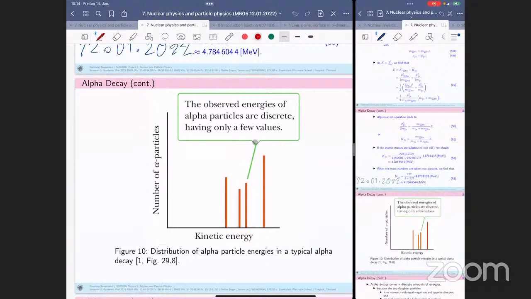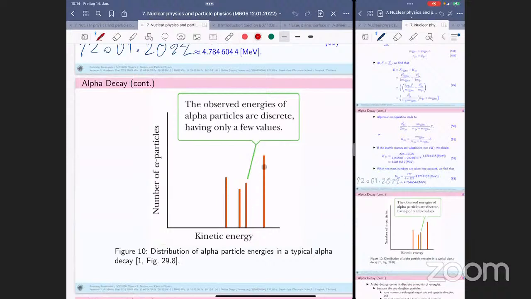Next is the distribution of alpha particle energies in a typical alpha decay.